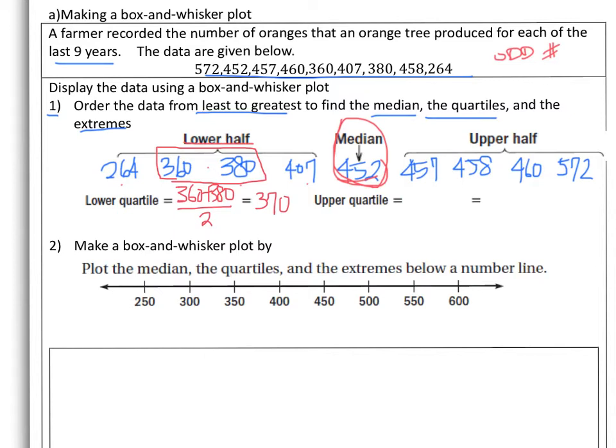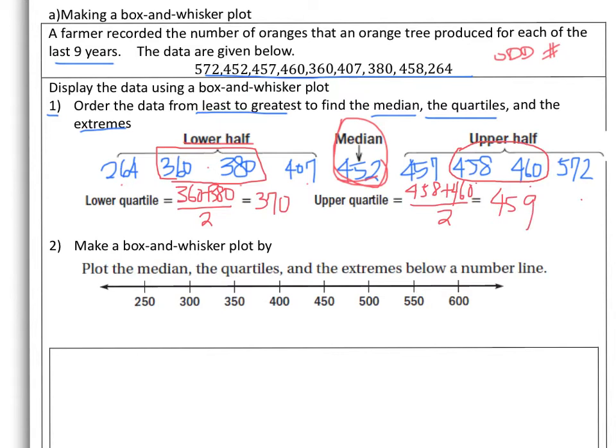And same thing for the upper quartile. There are 4 numbers, so I need to take these 2 numbers and divide by 2. And we can also call this the average. And this would be 459.